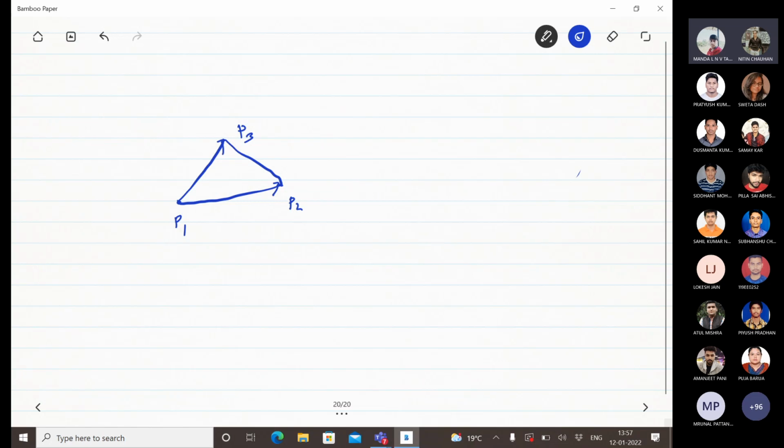Obviously the area is half of the cross product. Area A is equal to half of the cross product, because the total is the parallelogram and I don't need the total parallelogram.